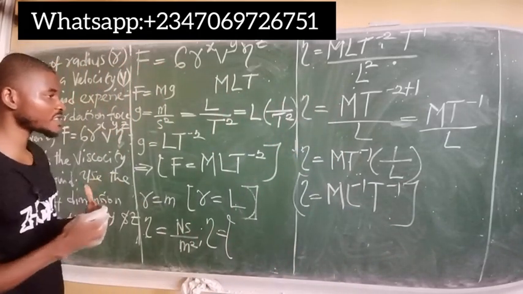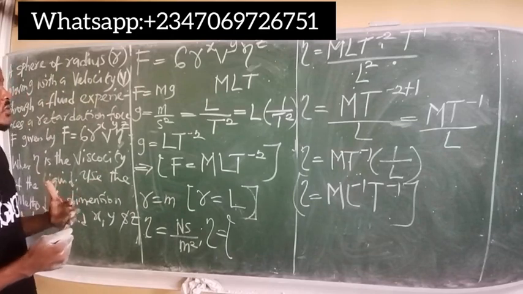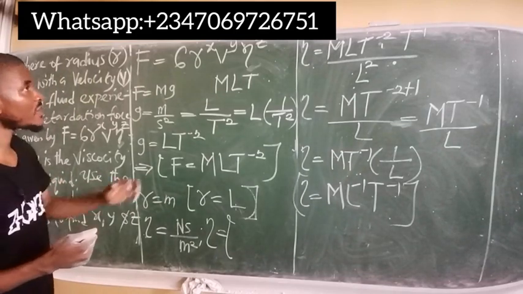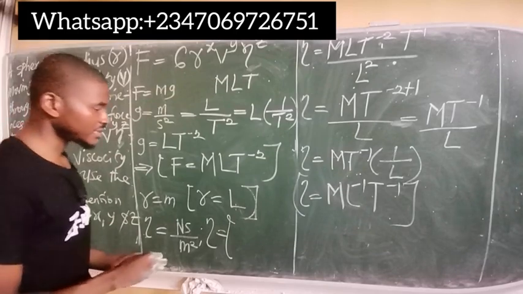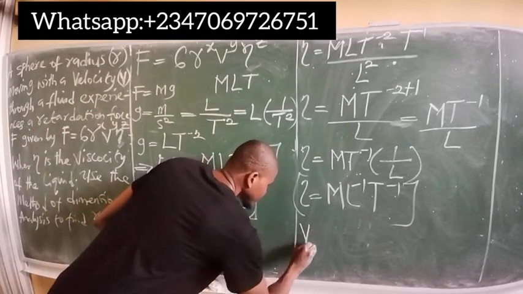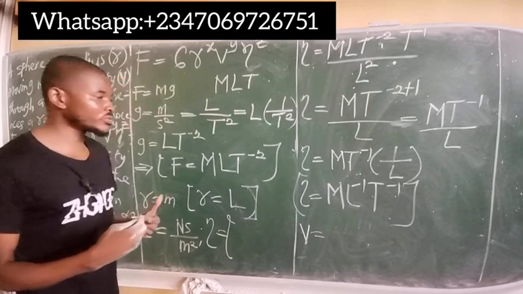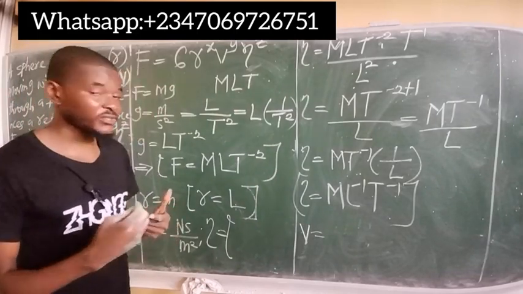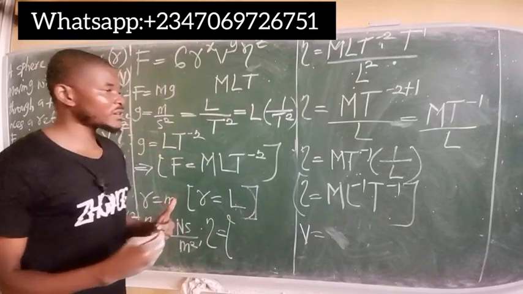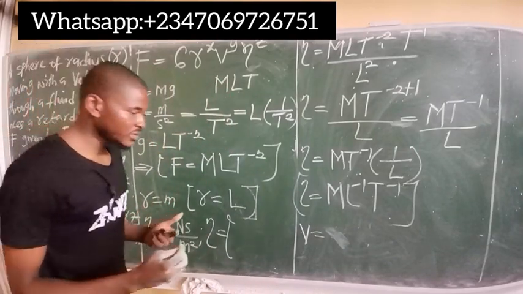So that is the very first thing to do, obtain the dimension of all the quantities. Okay, next we'll have velocity, not forgetting, we'll have velocity there. I've always told you the best way to obtain dimension of physical variables is simply from their units. We know that velocity is measured in meter per seconds, which is a unit.